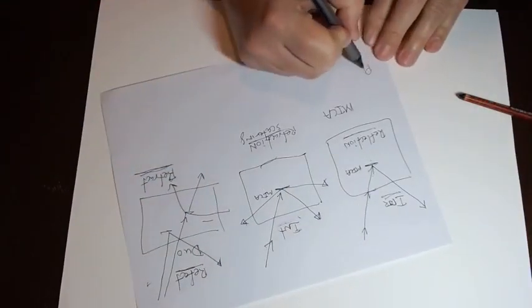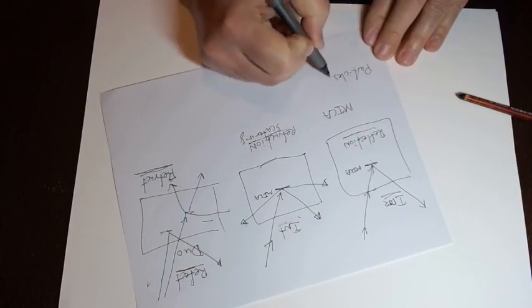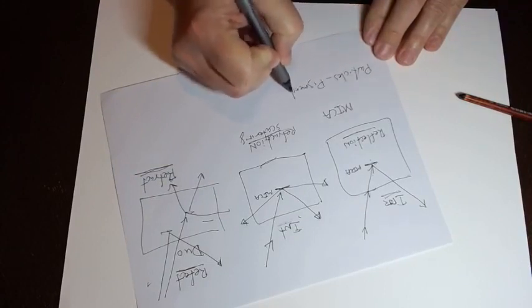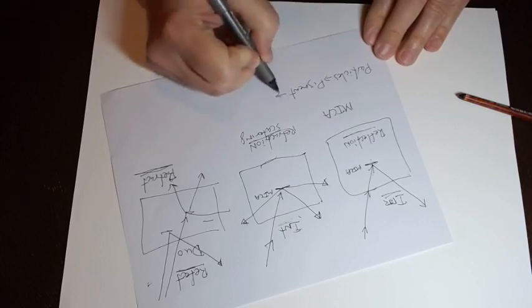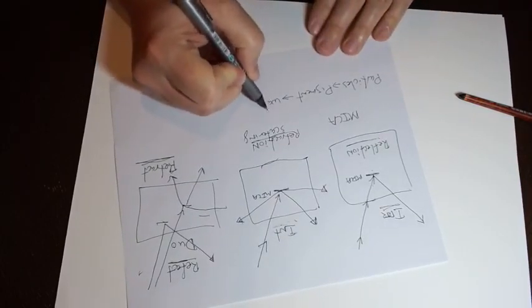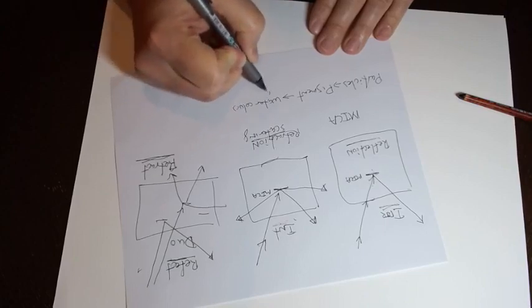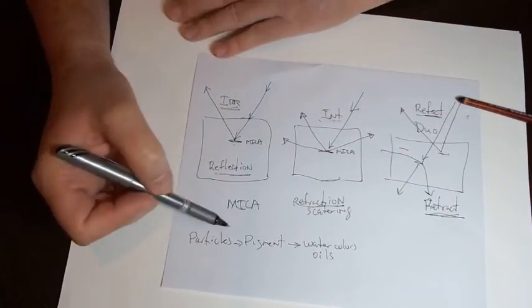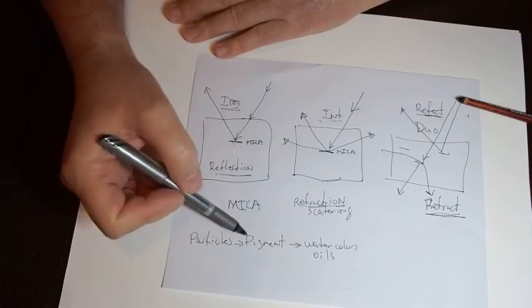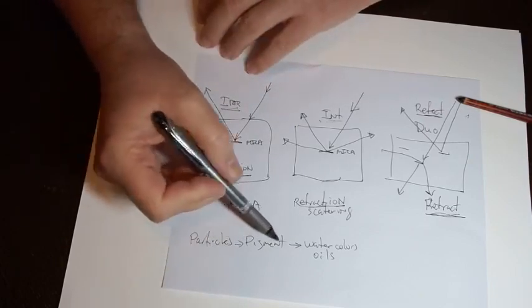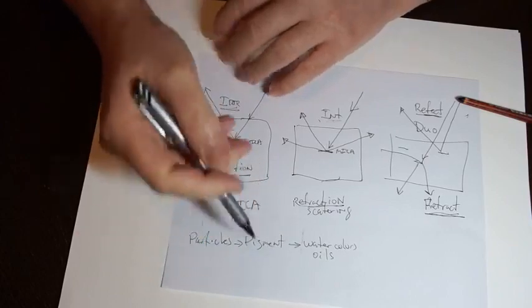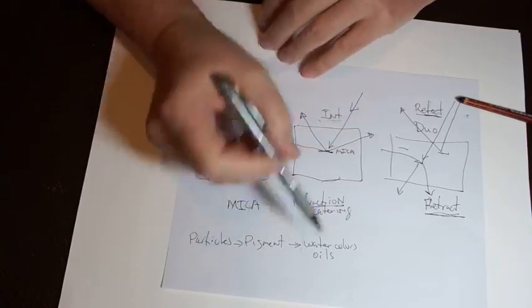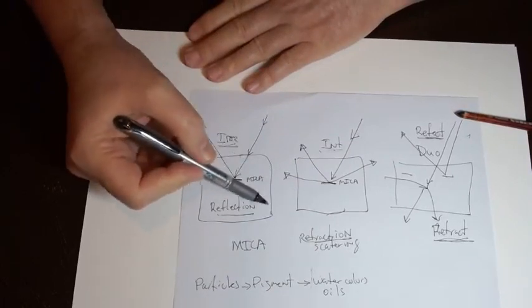Particles make up pigment, which are used for us to make watercolors and oils. So we incorporate those particles into our chemistry. The particles are made into pigment, and the pigment is then used in our chemistry to make watercolors and oils. So this right here is a particle.